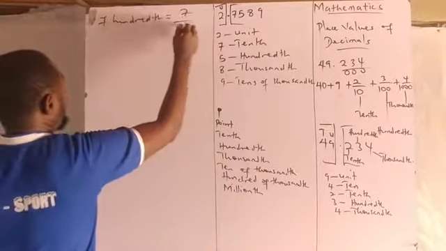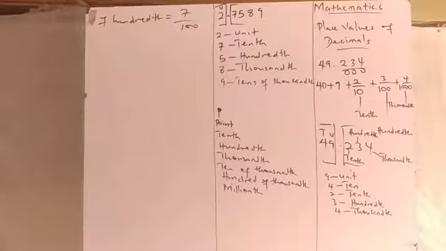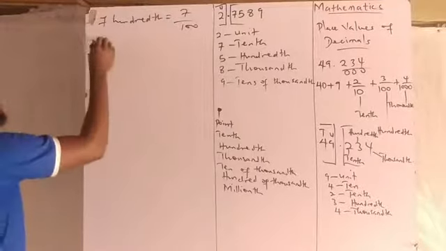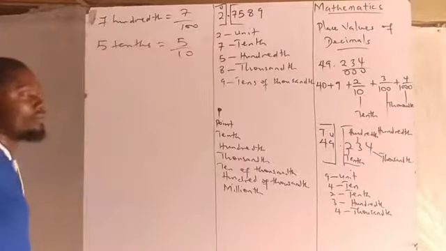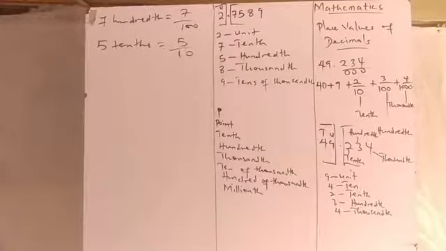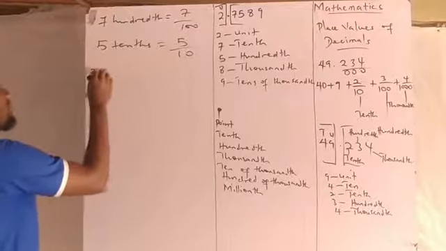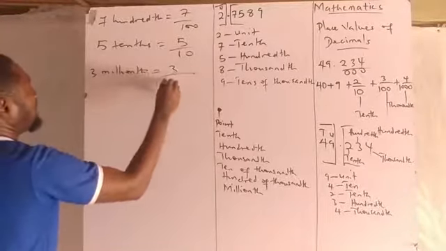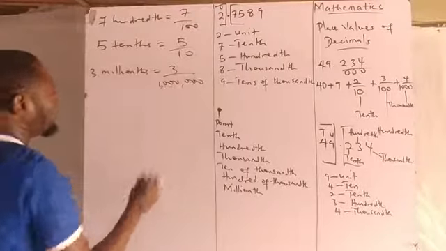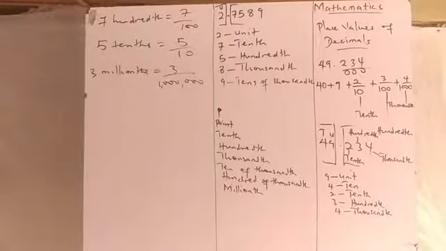It is 7 over 100. 5 tenths is 5 over 10. 3 millionths is 3 over 1 million. Million has 6 zeros. 3 over 1 million. That's how it works.